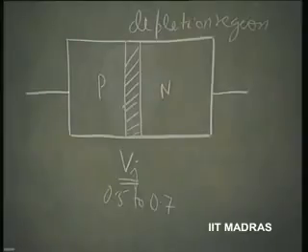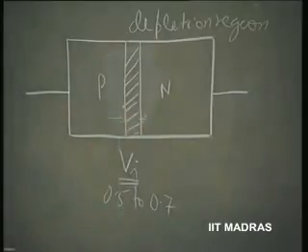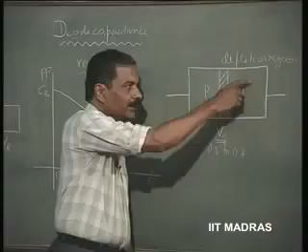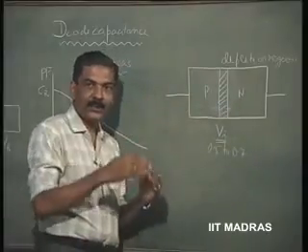So, this region where it is depleted of carriers is called the depletion region. Every PN junction has a depletion region in between, and this depletion region width is dependent upon the voltage. When the junction gets forward biased, the barrier, the potential hill for these carriers, decreases. So, there is a copious amount of free carriers, holes moving from this to this and electrons moving from this to this, and that constitutes a current.